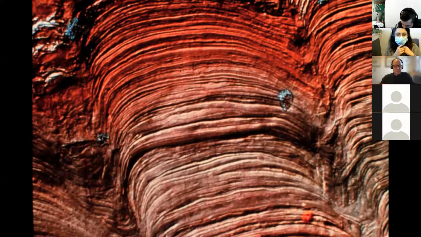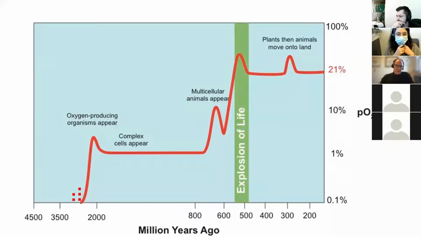So the crux of my story is really, okay, if you look at the very famous graph where you have on the y-axis the log scale of the PO2 in the atmosphere and time going from the beginning to present on the x-axis, you see an increase after the Great Oxygenation Event, and then you see the boring billion, and then you see another increase in oxygen.